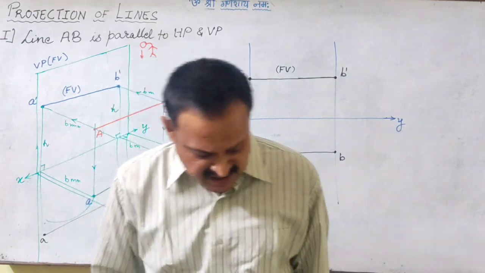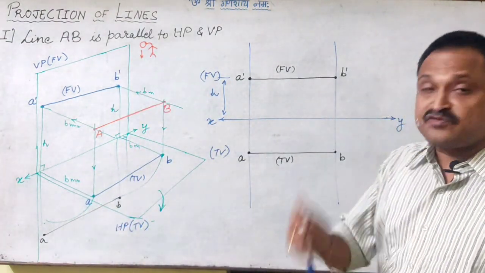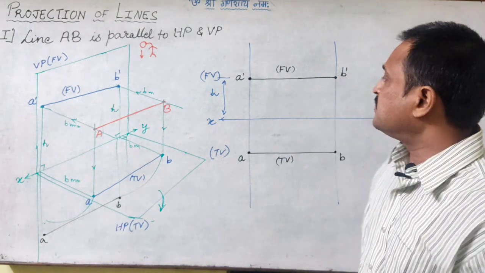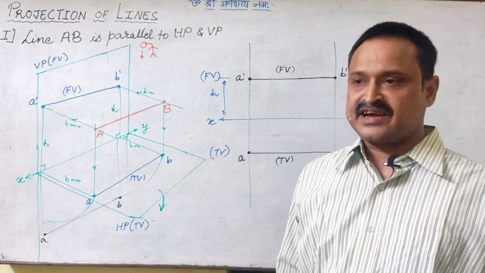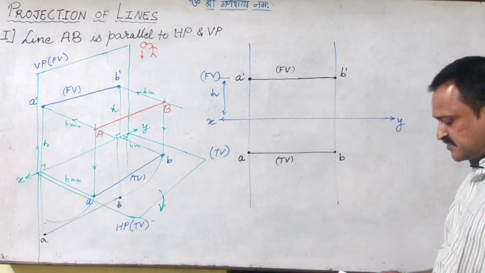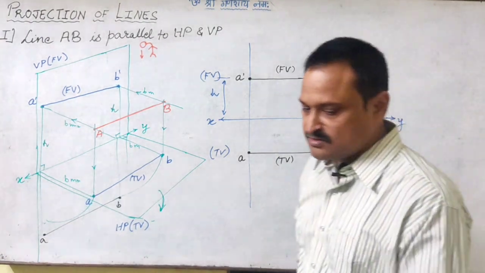Now in earlier cases we have also talked about how to get the profile view, or in the first angle method we will go for the left hand side view. In projection of points we have seen that. Now if I want to get the side view, have a look at it.